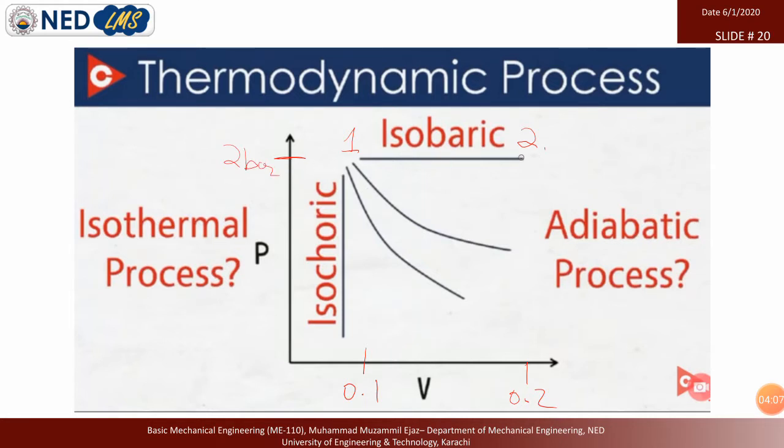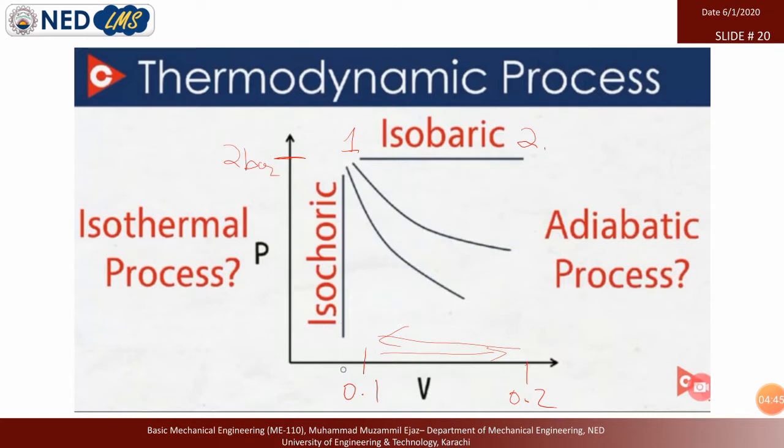So you can understand that in an isobaric process the volume will increase or decrease, whether it goes from this end or this end, but the pressure is kept constant. On the expense of this, the temperature will rise or decrease. When it is a compression process, going from 0.2 to 0.1 meter cube volume, the temperature will rise while the pressure is constant, and in that process heat transfer also takes place.